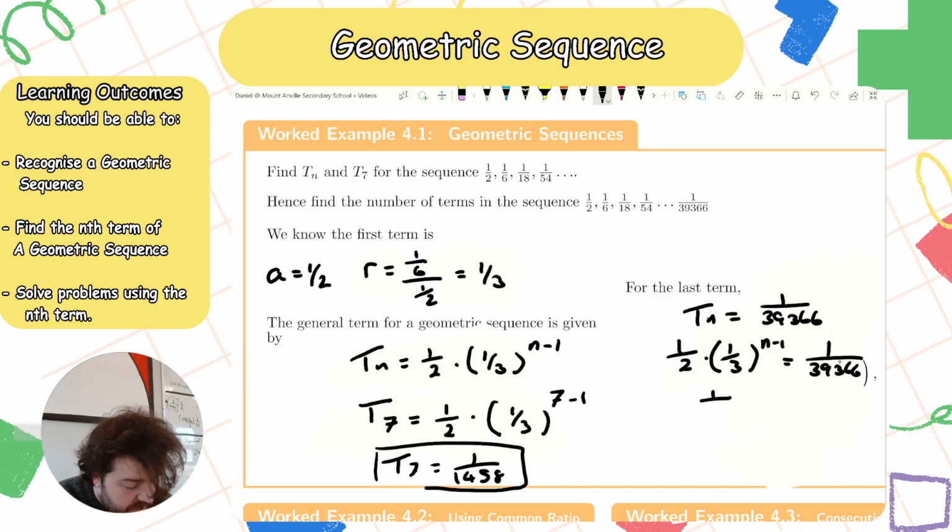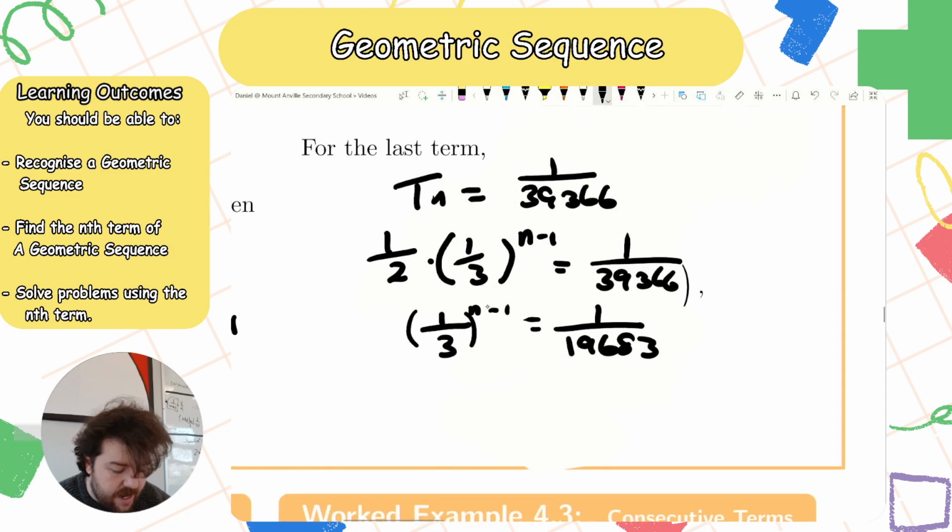So divide by a half, multiply across by 2: 1/3 to the n minus 1 equals 1 over 39366 multiplied by 2, which is equal to 1 over 19683.